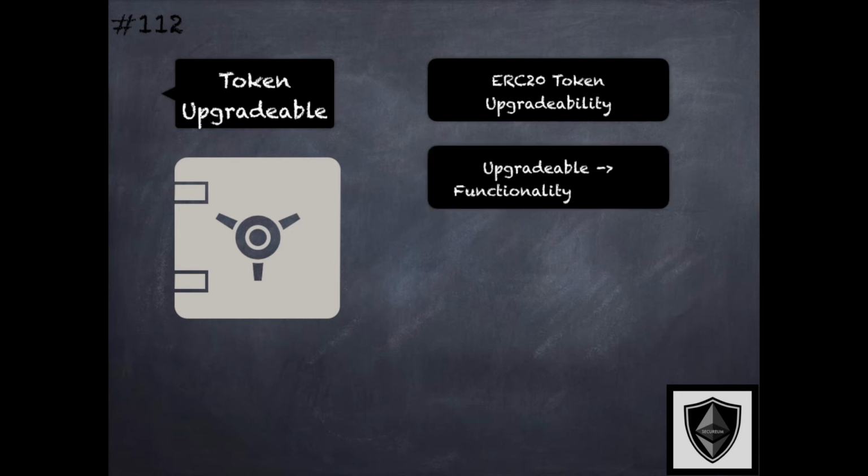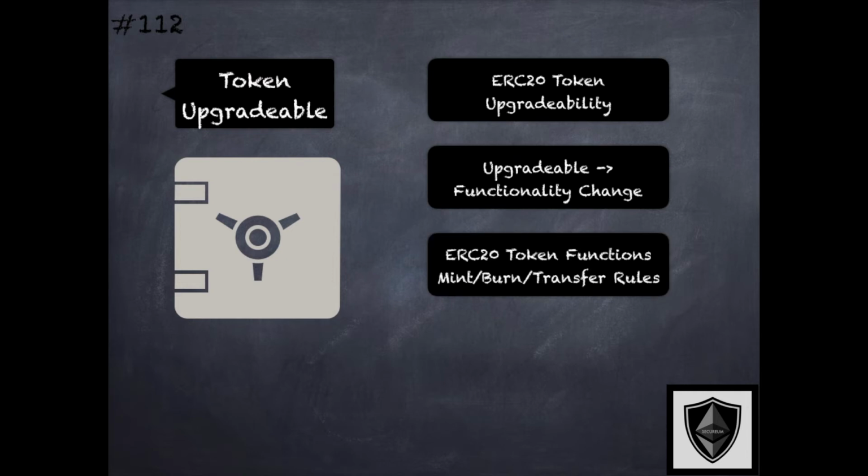And the reason is because any change in functionality that is introduced by this upgradability is detrimental to the trust that the users place in these contracts. And the rationale is that these token functions in this contract are meant to be very simple.